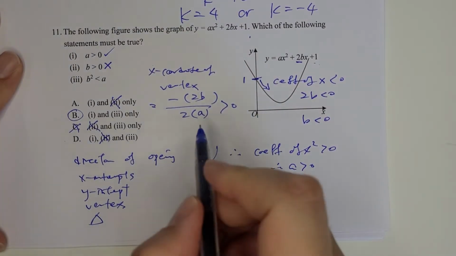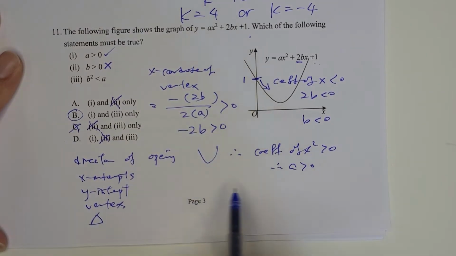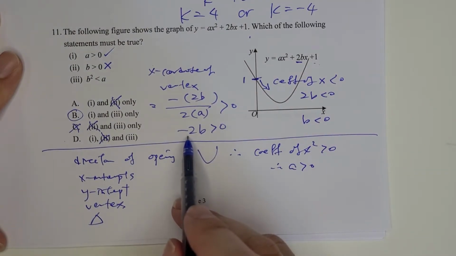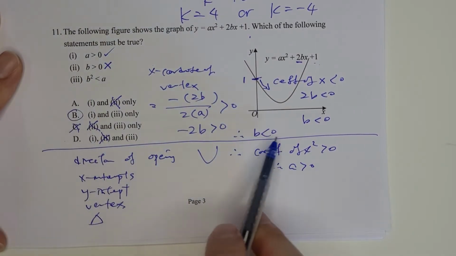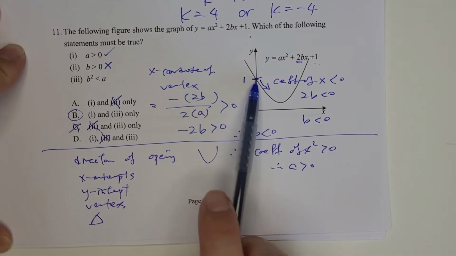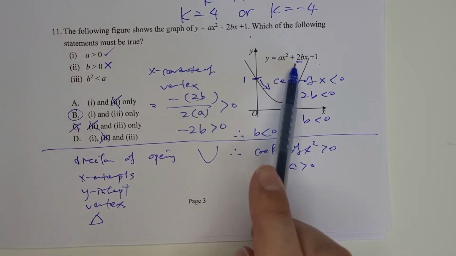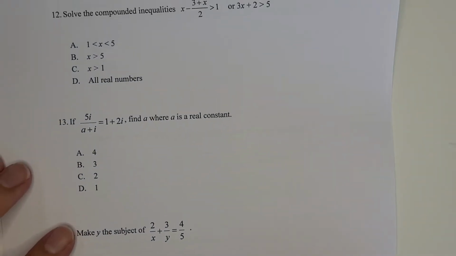So what you need to do is multiply 2a to the other side. Negative 2b will be positive. As a is positive, the sign does not change. But you need to divide by negative 2 on both sides. Therefore, b is negative. So you can also get the same conclusion. But in the exam, the original way, checking the slope at the y-intercept, will be much easier to determine the sign of the coefficient of x. Okay? So that finishes question number 11, and then we go to question number 12.